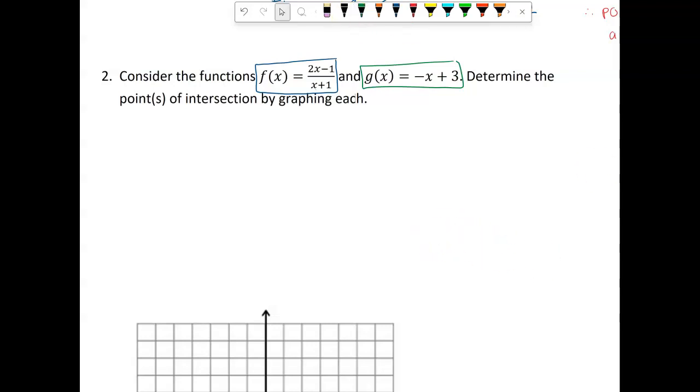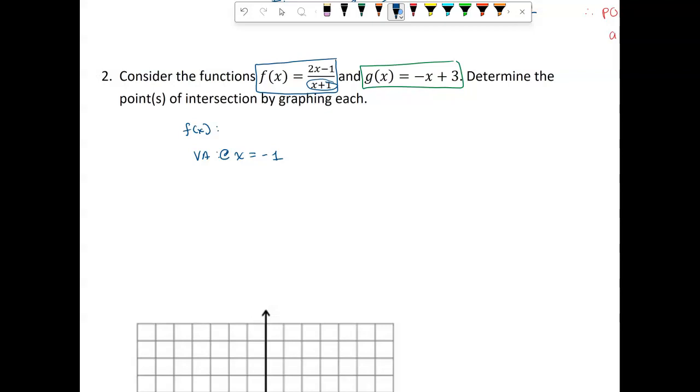So if we do that, using our understanding of rational functions, we need to find the vertical asymptote, which always happens at the denominator here. So that would mean it happens at x equals negative 1, because it would make this denominator 0.